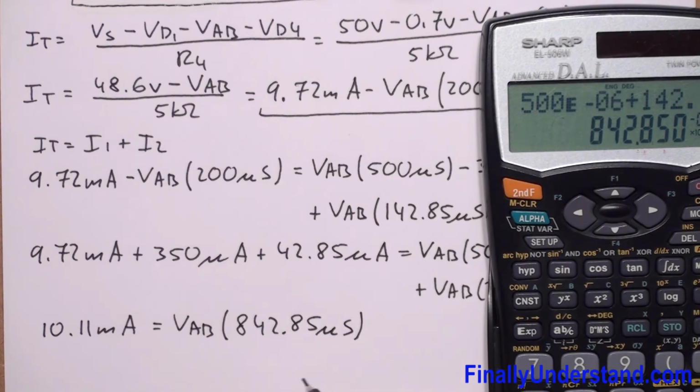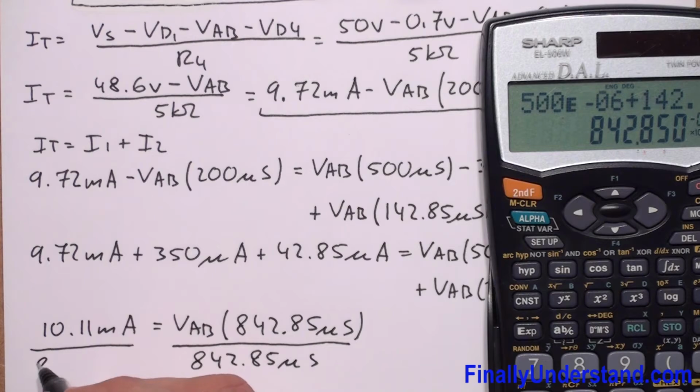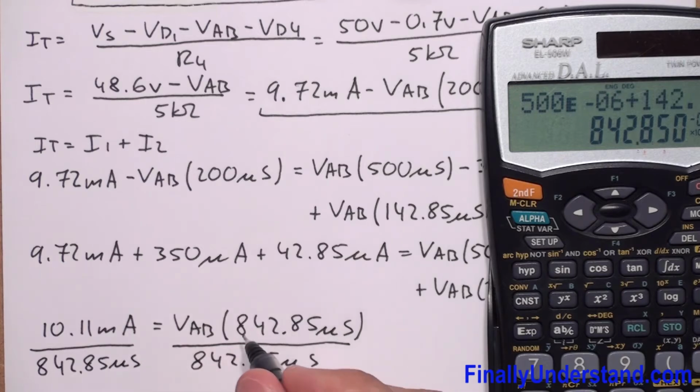Okay, if I want to find VAB, I'm supposed to divide both sides of my equation by 842.85 microsiemens.